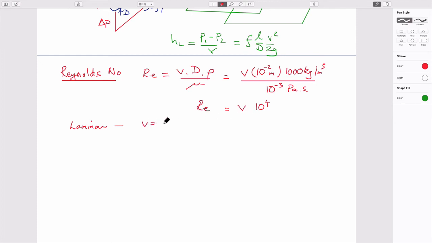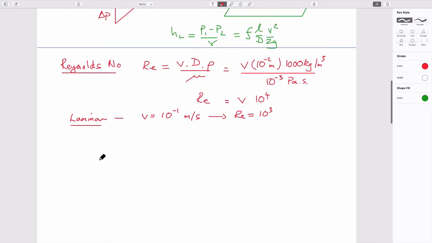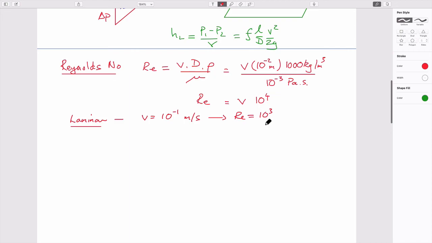So v is equal to 10⁻¹ meters a second. Gives us Reynolds number equal to 10³, which indeed is laminar. And I suppose if we wanted to be turbulent, we'll do that later.